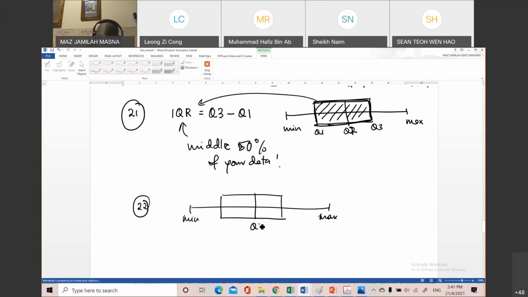Let's say this is the max, and Q2, Q1, and Q3. So this is the median. Median of what, class? The median of 50% of your data.